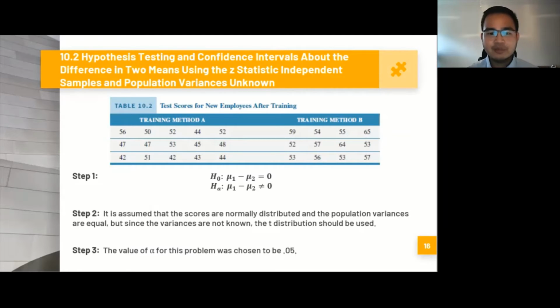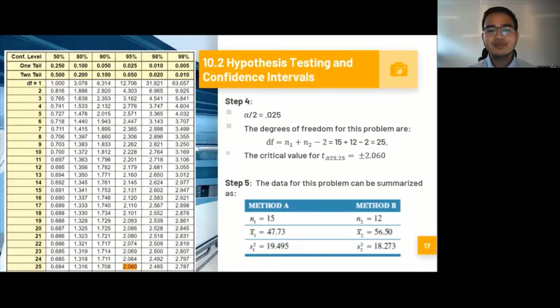The third step is that the value of alpha has been chosen to be 0.05. As we have learned, alpha is the probability of rejecting the null hypothesis, so it pertains to the significance level. In this case, the confidence level was identified to be 95%, which gives us an alpha value of 5% or 0.05.